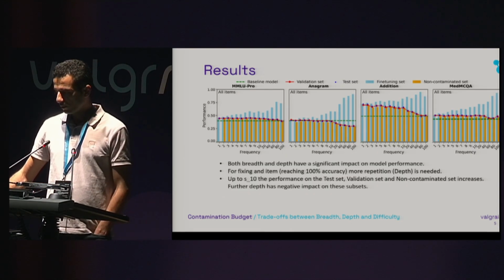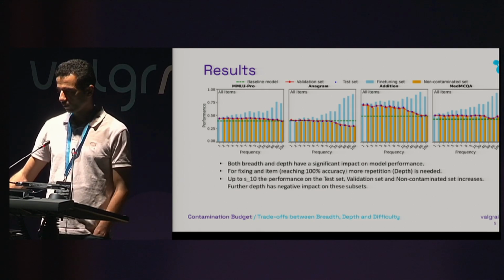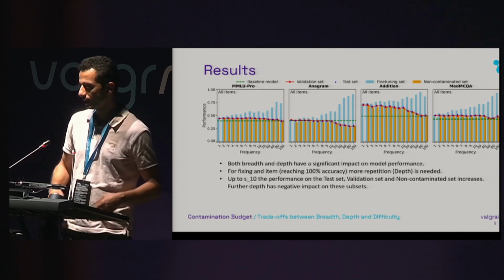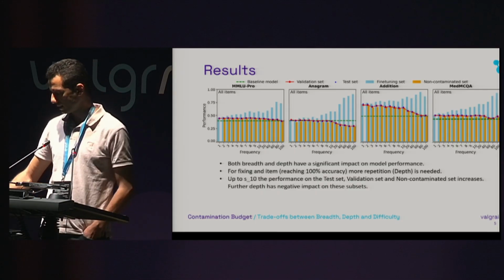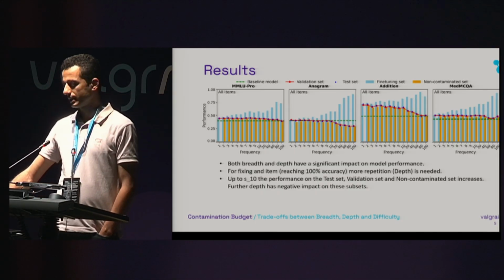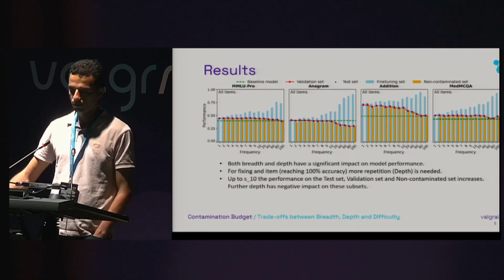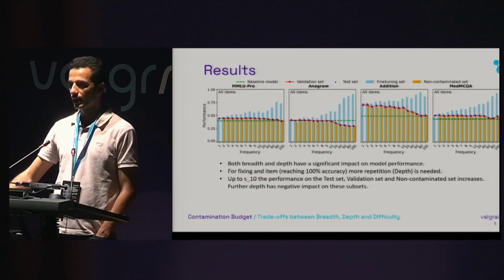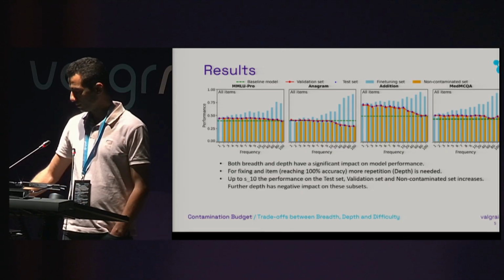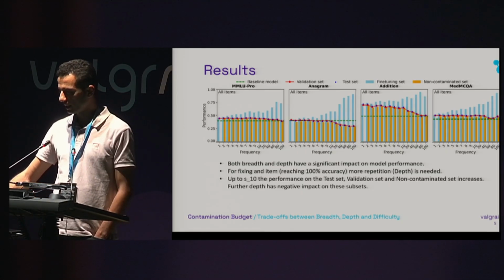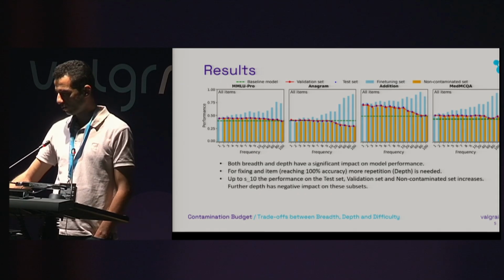As we can see, for fixing the items, meaning getting 100% accuracy, we need more repetitions, as expected. But it comes with the cost of losing performance on the items that are not in the training set. It means that the model loses its generalization.